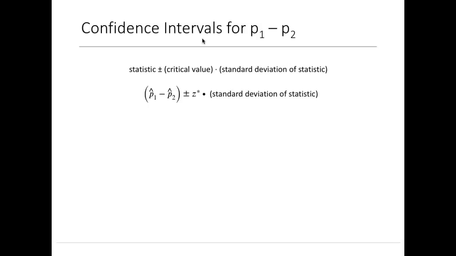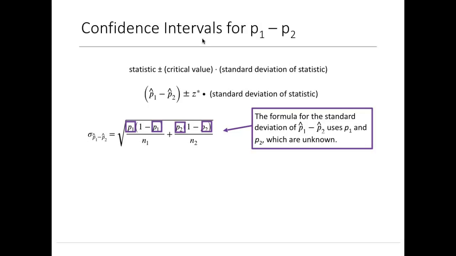So we would still use the same general formula for creating a confidence interval. It's just our statistic is slightly different. Now it would be P1 hat minus P2 hat. And we would still add and subtract this margin of error, which is your critical value, which is determined by how much confidence you'd like to have, times the standard deviation of the statistic. Now, this formula will be slightly different. So that formula looks like that. It is in your formula packet.